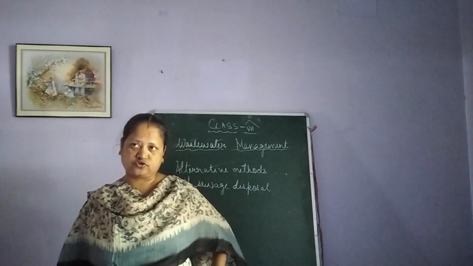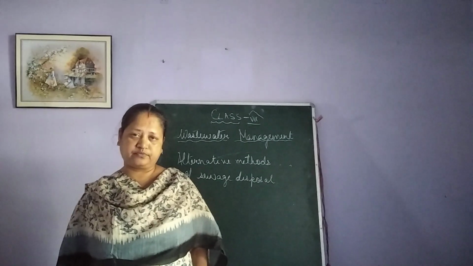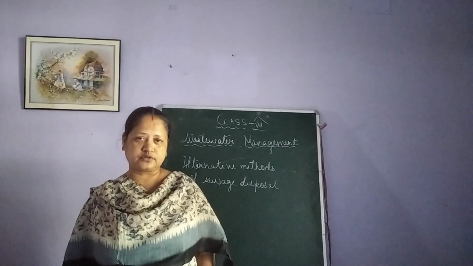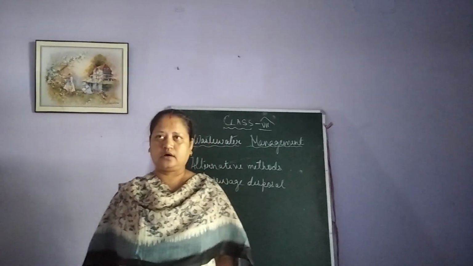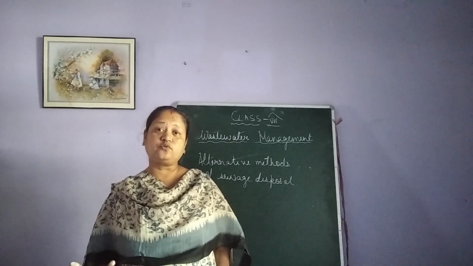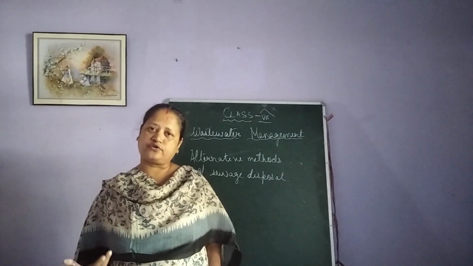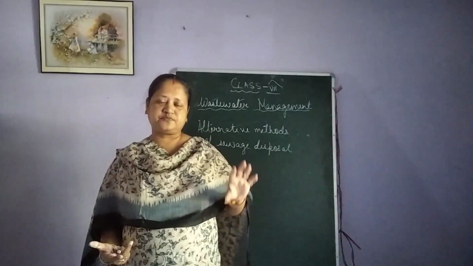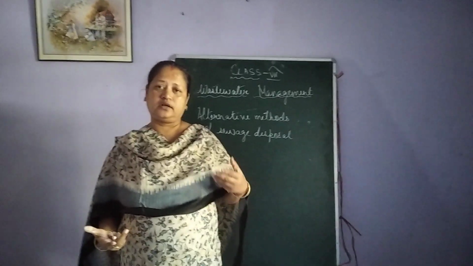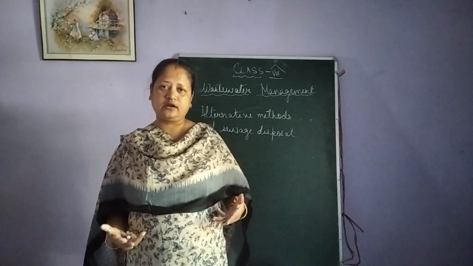And as I talked about vermicompost toilets, in recent times red worms are being used for the vermicompost pit. That means a pit is dug, where the red worms are kept.